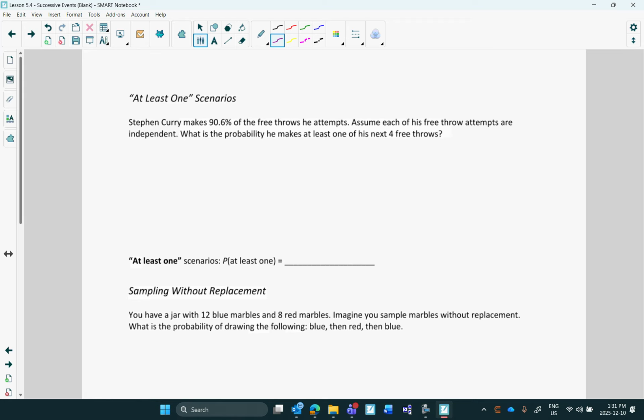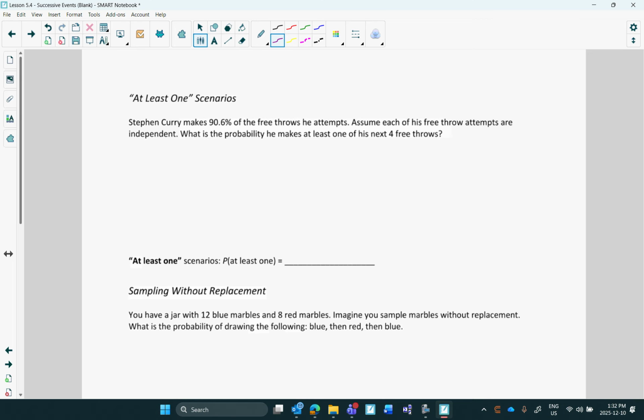The best way to do it is to consider the probability that he misses them all. Think of all the possible situations. He makes them all. He makes 1, and we don't know what position that 1 is. He makes 2. He makes 3.